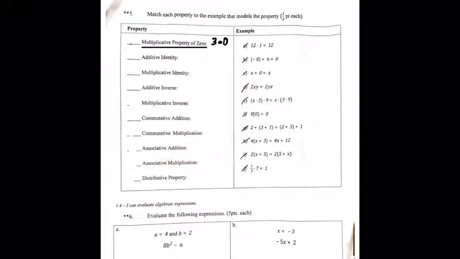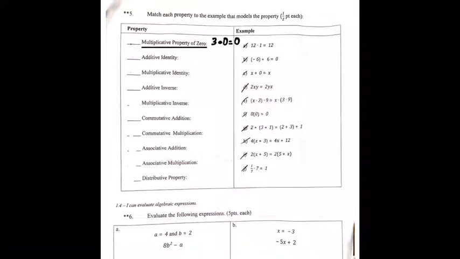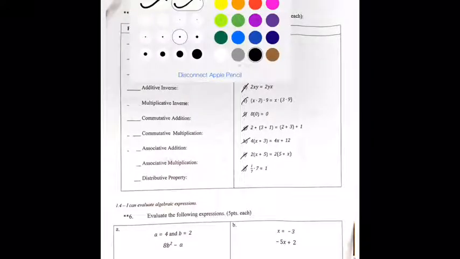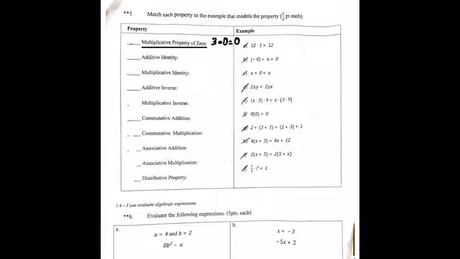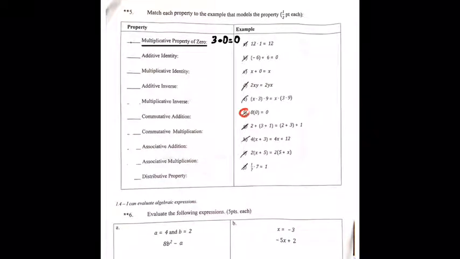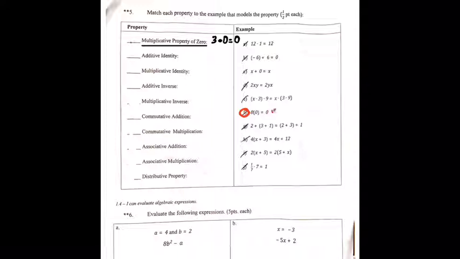So if I take the number 3 times 0 gives me 0. Now I have to look where do I have a similar example on the right side. And I notice that F is very similar to that. We have 8 times 0 gives me 0, and that is the multiplicative property of 0.